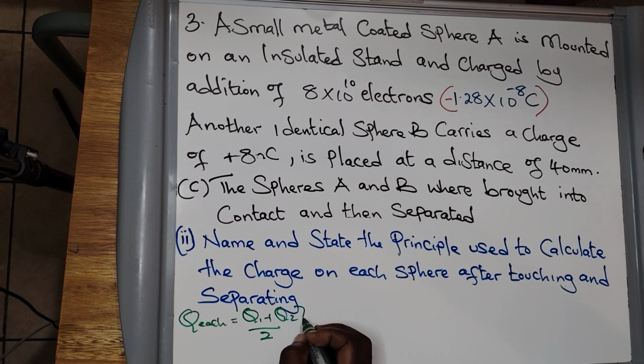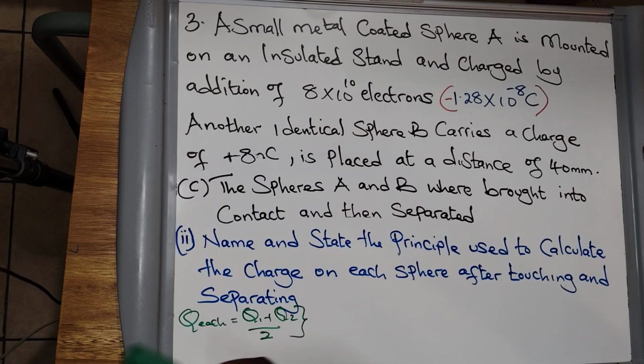That's what we have used. The question is, what is the name of this law or this principle? It is called the principle of conservation of charge. Let us put that one down.